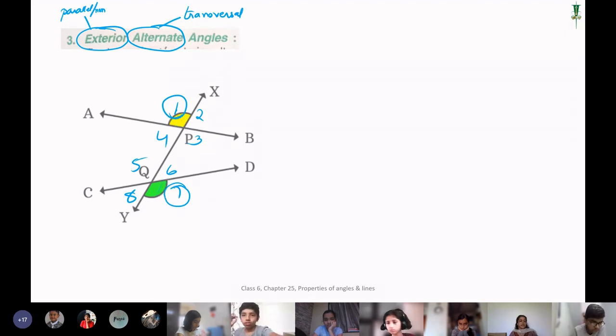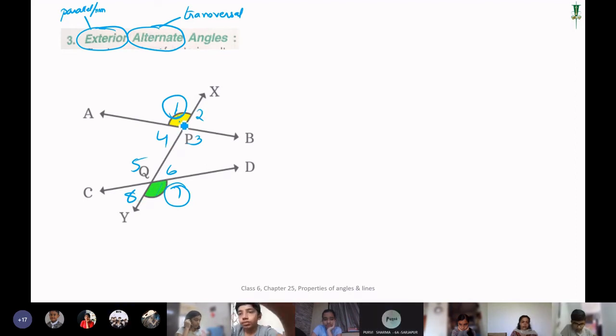Interior and exterior angles are decided just by position, inside or outside, so I can talk about even a single angle. But when I say exterior alternate, I must talk about two angles, and then only can I understand that they are opposite to each other or on the same side. So here, 1 and 7 are in the exterior and they are on opposite sides of the transversal. So 1 and 7 are exterior alternate angles.